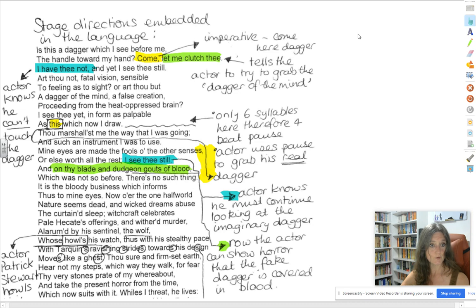Any of you who do drama will know that any modern play or any Victorian play have stacks of stage directions telling actors what kind of voice to use, whereabouts to move. At the beginning, it tells you what costume to wear. You get descriptions of what the characters are meant to look like. Shakespeare, nothing. So what he tends to do is embed his stage directions inside the play.